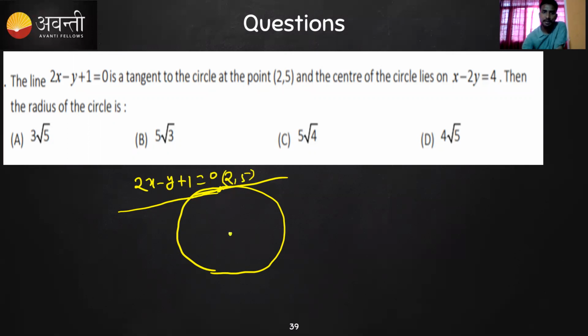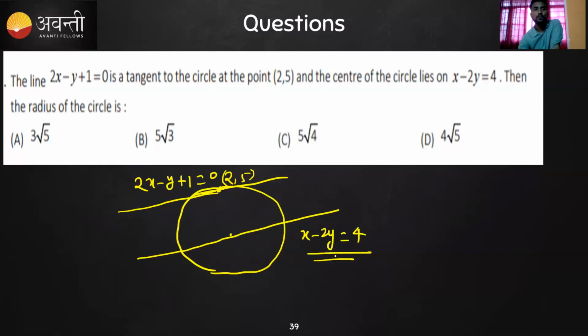And here is the center. It is saying that this center lies on the line x minus 2y is equal to 4. Then we have to find the radius of the circle. So we have to find this radius.